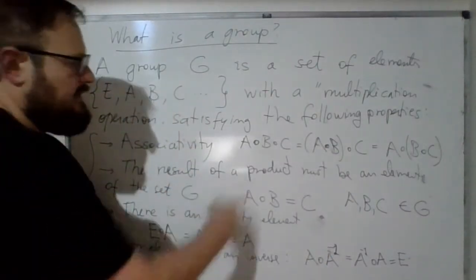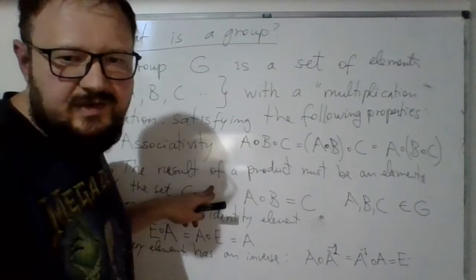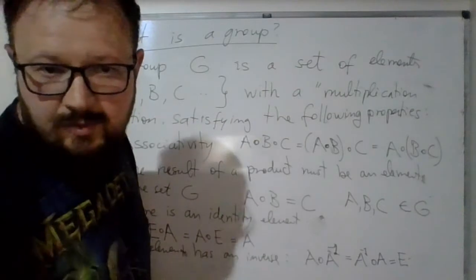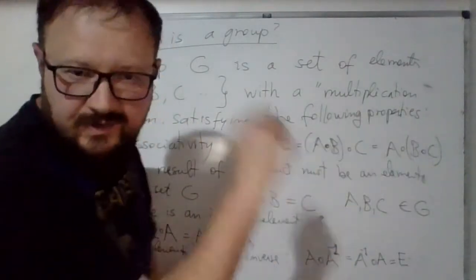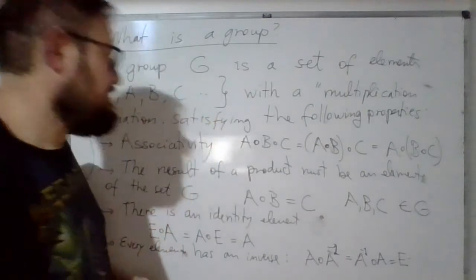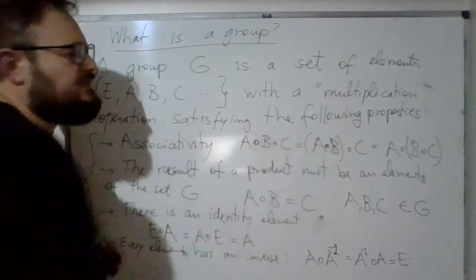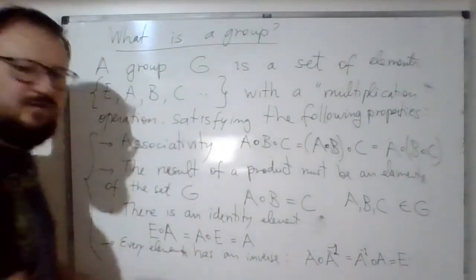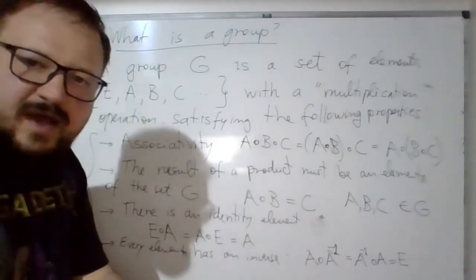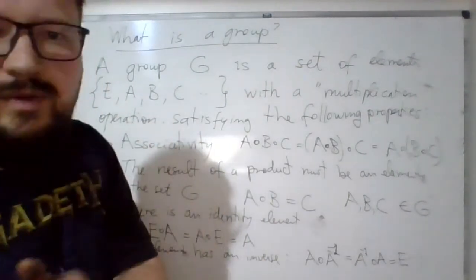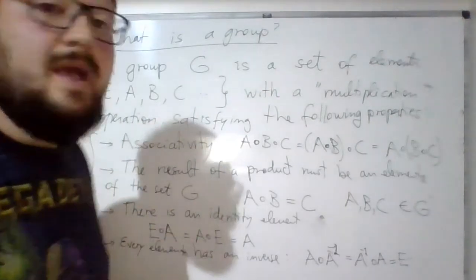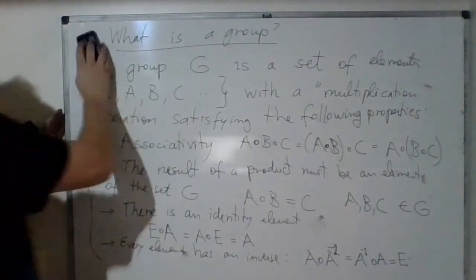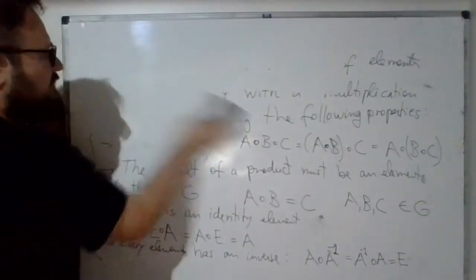If you don't have the closure property, which means that any product results in an element which is inside the set, it is not a group. And if it is not associative, it is not a group. If any of these properties is not satisfied, you are not dealing with a group. You are dealing with another mathematical entity, but it's not a group. All right, so you need to satisfy all these properties here. It must be associative.